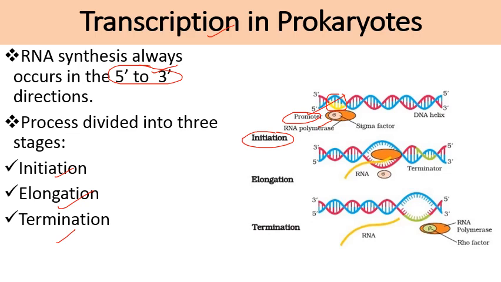After that, RNA polymerase moves along the DNA duplex by unwinding it, and one strand acts as a template strand for RNA synthesis up to a termination sequence or termination signal, where special proteins are present and termination occurs. After that the RNA is released, and this step is known as termination.